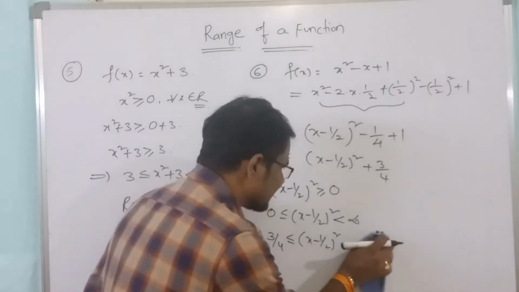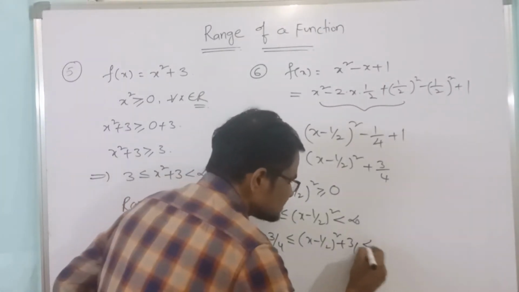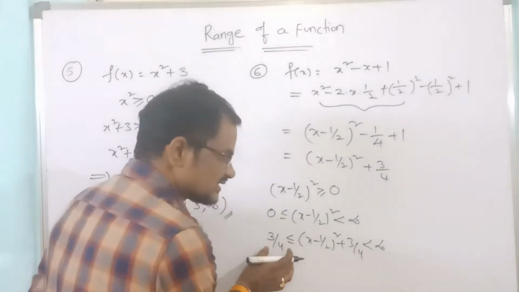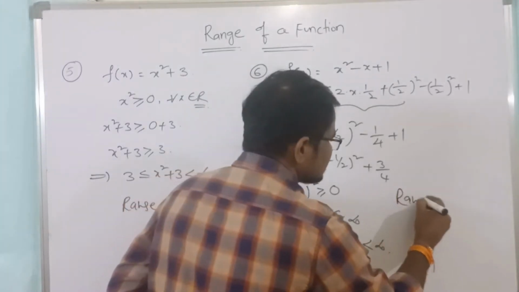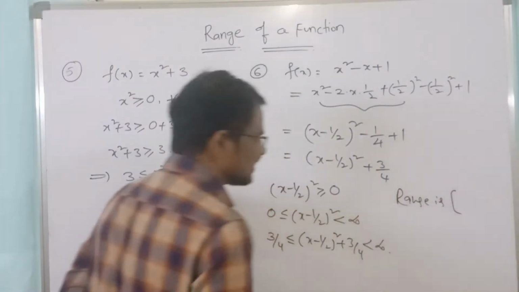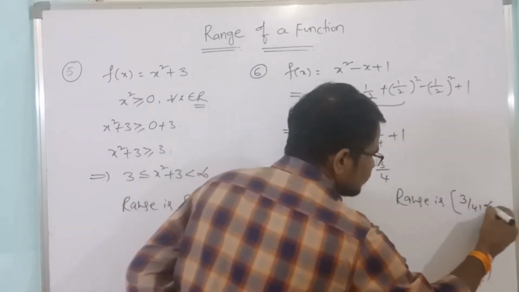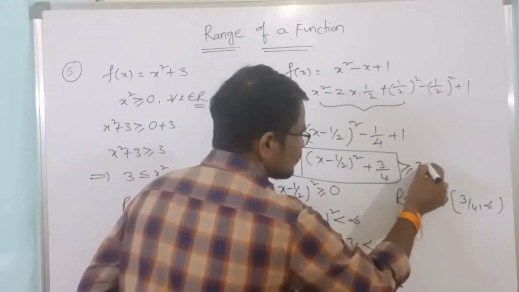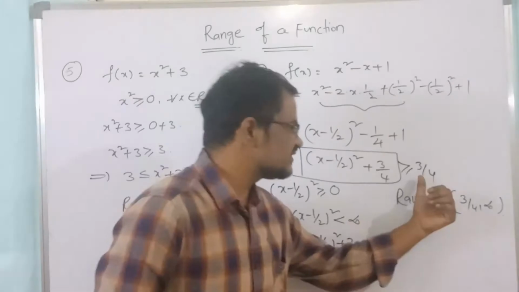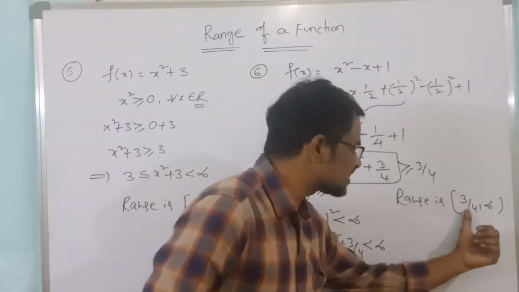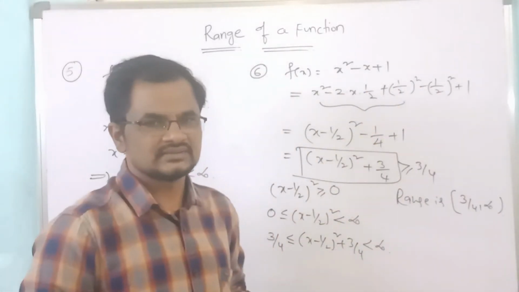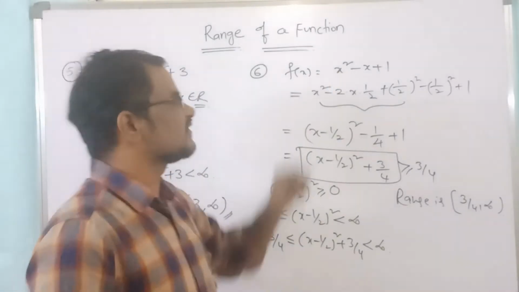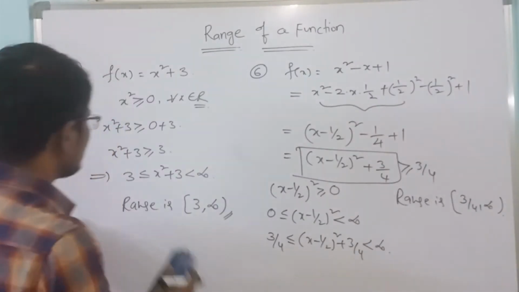Now the minimum value is what? 3 by 4. So you can write the range as the closed interval 3 by 4 to infinity, meaning this total is greater than or equal to 3 by 4. So the minimum value is 3 by 4, and the range is the closed interval 3 by 4 to infinity. Like this we have to find the range of the given function when it is in the form of a quadratic equation. Now quadratic function.